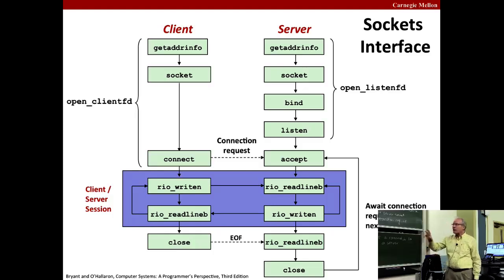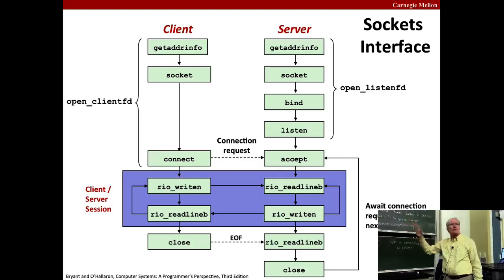What that looks like from the server end is it tries to read from the file and receives an end-of-file signal instead. That tells the server, okay, this particular connection is gone, and so now it will close that one.